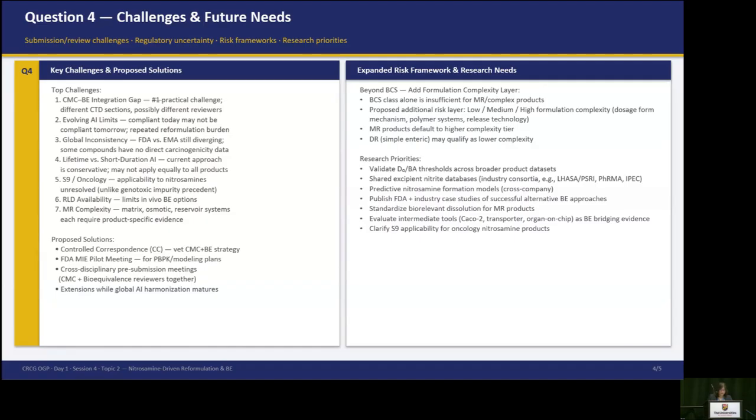And the research priorities, as I mentioned before, we need to validate the dose number and the bioavailability threshold across different products. And people are thinking that a shared excipient nitrite database is helpful to help industry to conduct the reformulations.